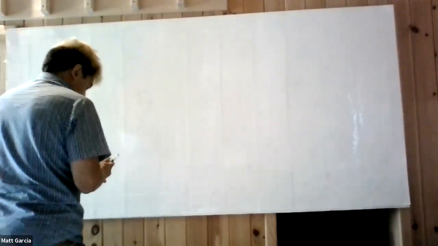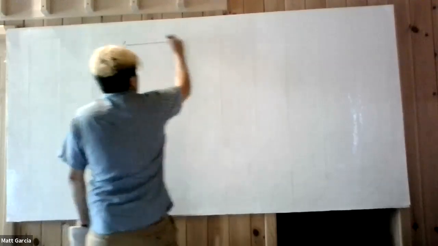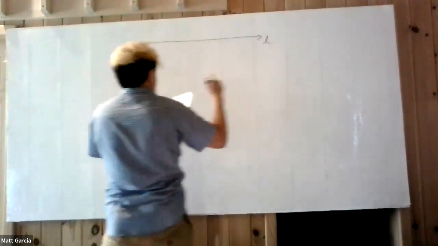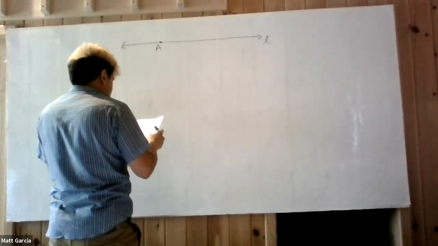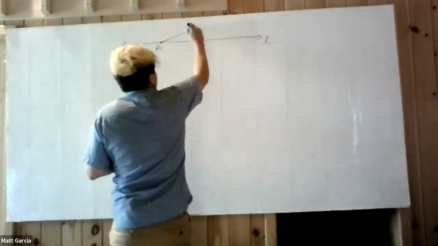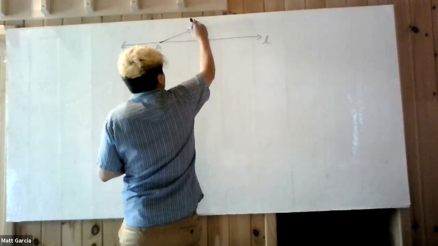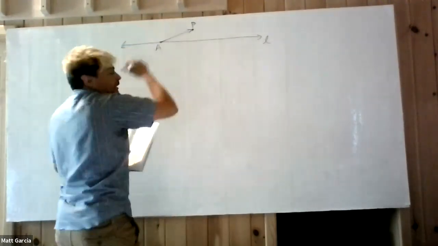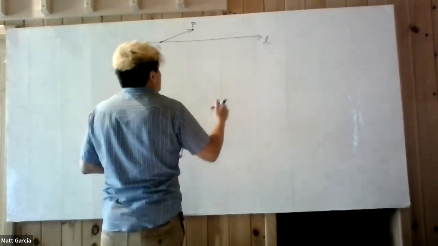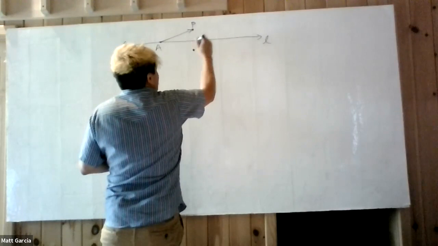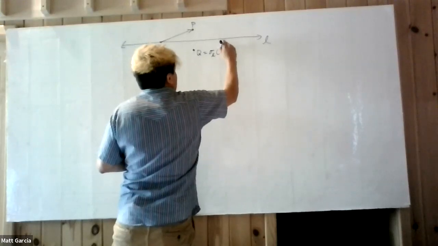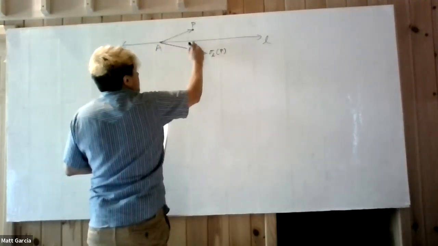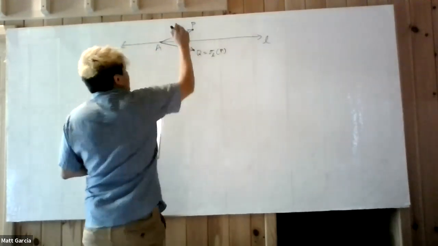Okay, pictorially, here's what we have. We have our line L that we have a reflection in, and we've chosen A on L, and then we've found some point P such that this translation vector has the shortest length in W, and then we have our point Q, which is the reflection of P in L. Okay, and we know that these two lengths are the same.